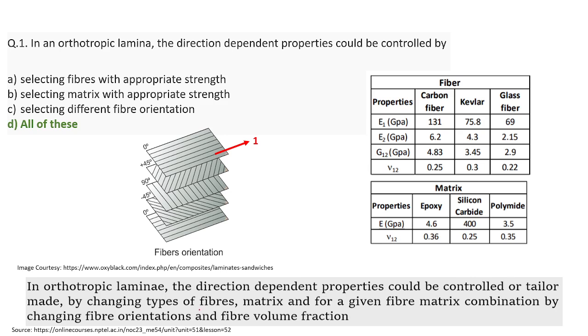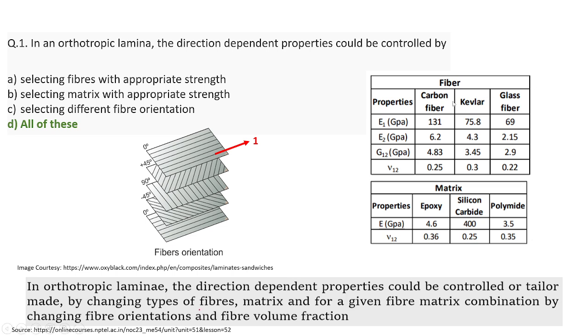In an orthotropic lamina, the direction dependent properties could be controlled by, and options are given. As we can see, the first option is selecting the fibers with appropriate strength. You can see on the right side this table which shows the modulus of longitudinal and transverse direction and the shear modulus values of different fibers: carbon fiber, Kevlar, glass fiber.